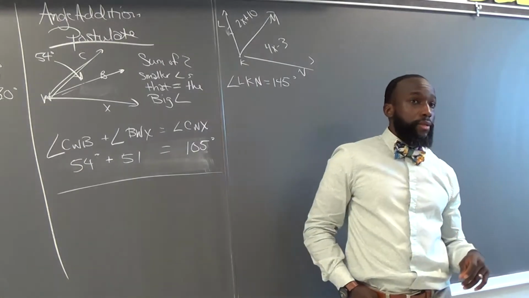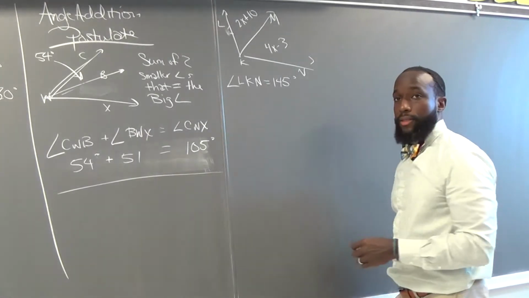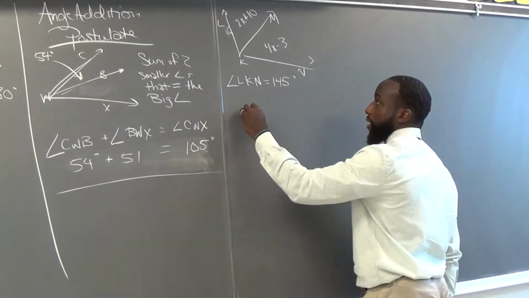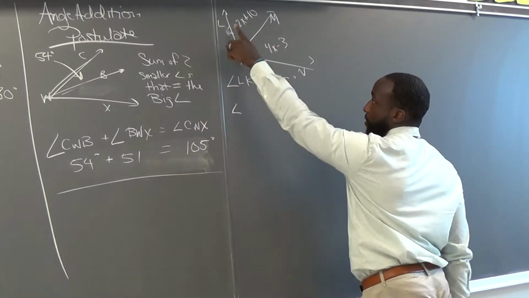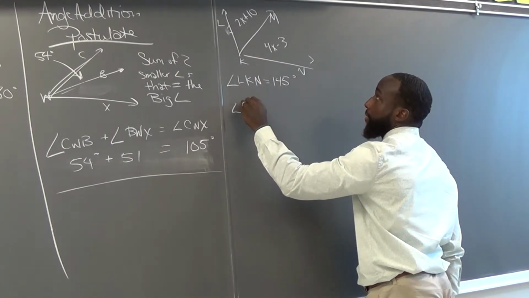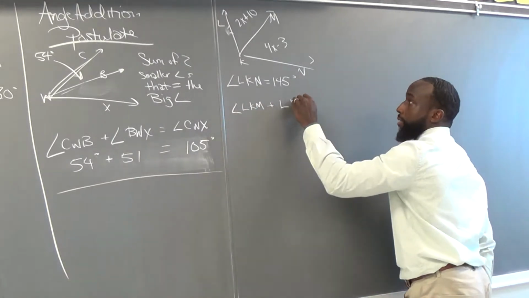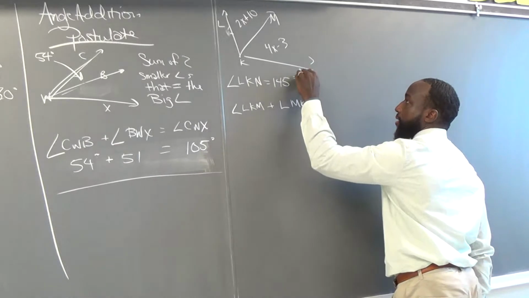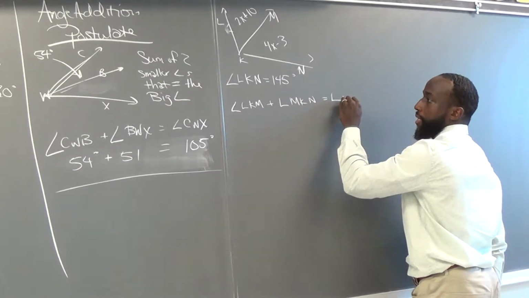So, Nyla, what would you do? Add them all, like add like terms. You add them together, right? Let's slow down. Let's start here: angle LKM plus angle MKN, this is an N, equals angle LKN.